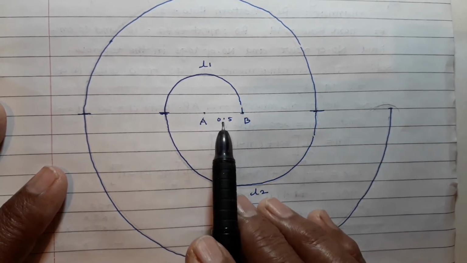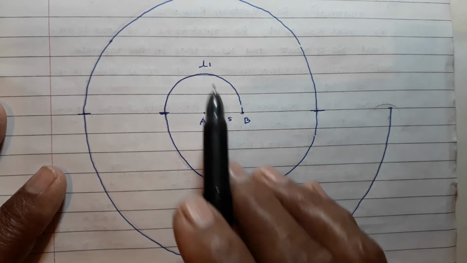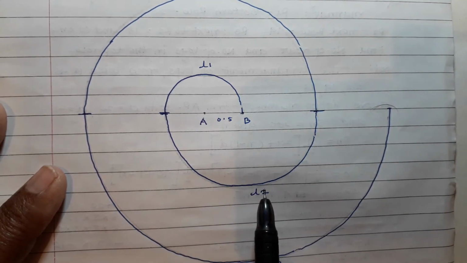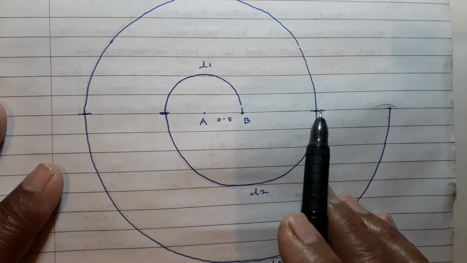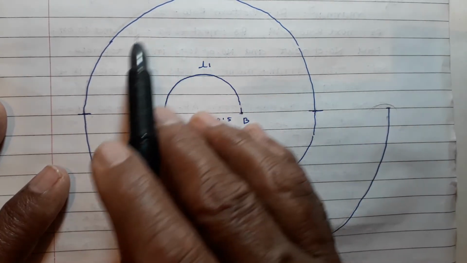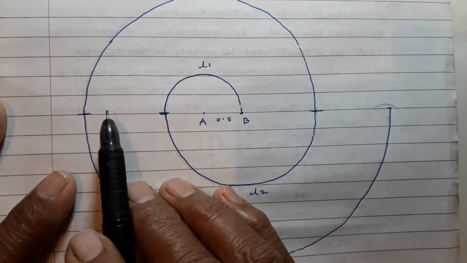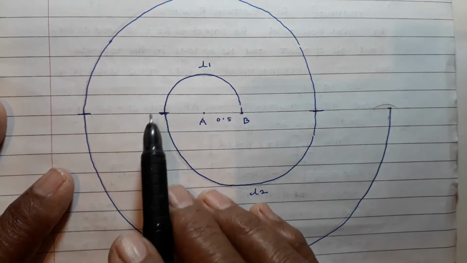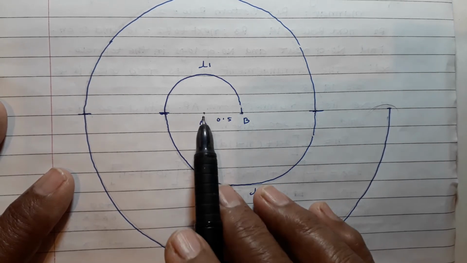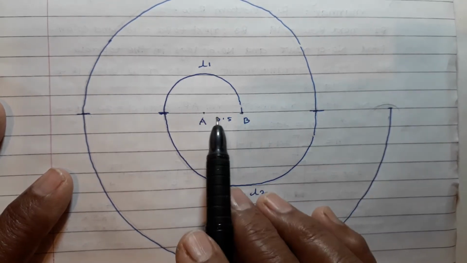Here the radius is 0.5 for L1. For L2 the radius is 1 centimeter. Then this is the third semicircle. The center is this, and so on.